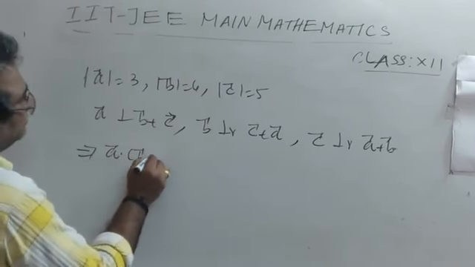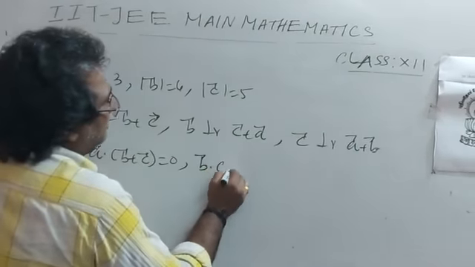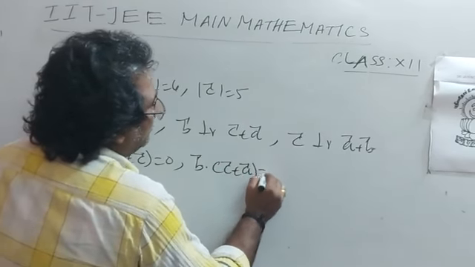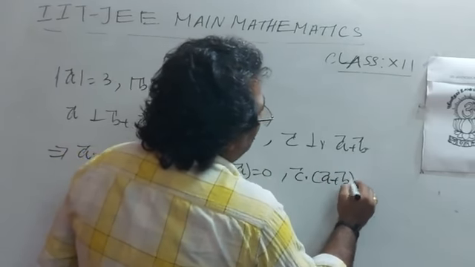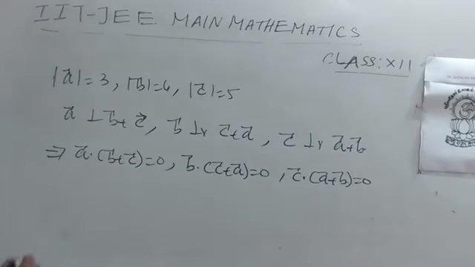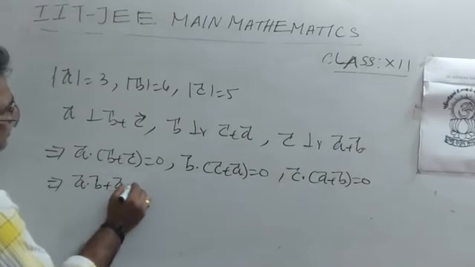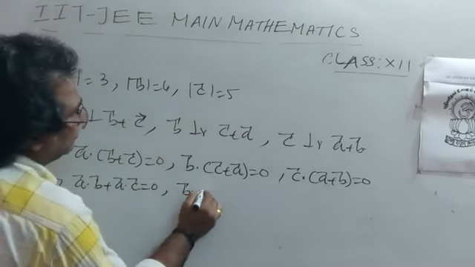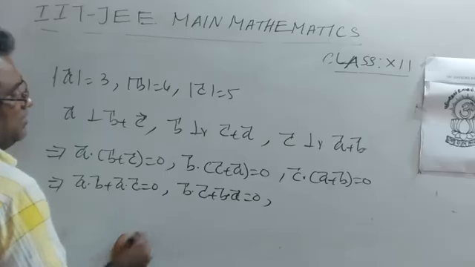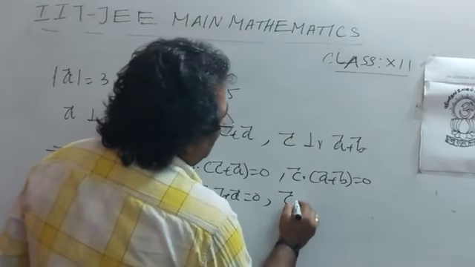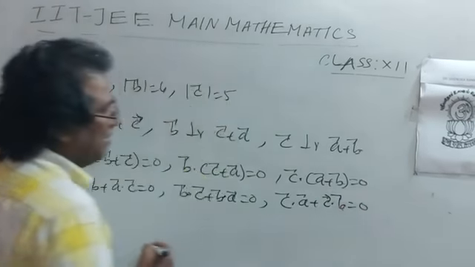A vector dot b plus c equals 0. B vector dot c plus a equals 0. C vector dot a vector plus b vector equals 0, which implies a dot b plus a dot c equals 0, b dot c plus b dot a equals 0, c dot a plus c dot b equals 0.